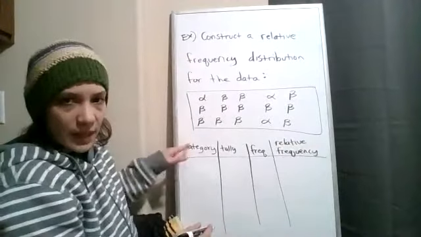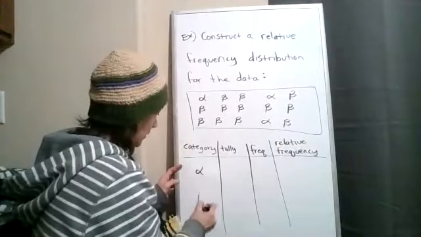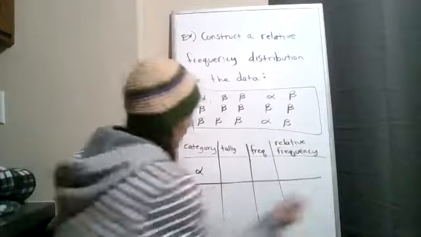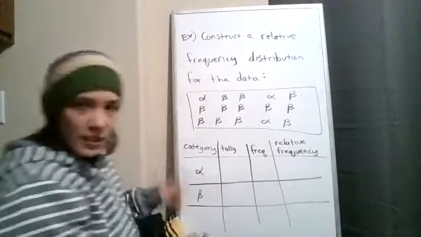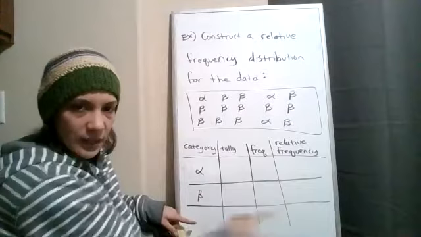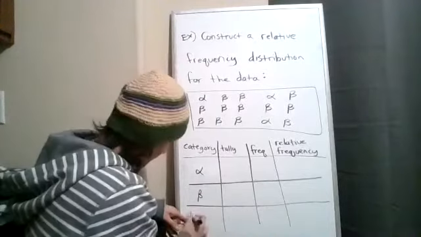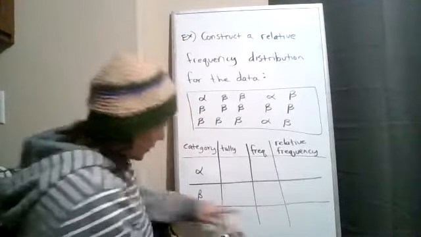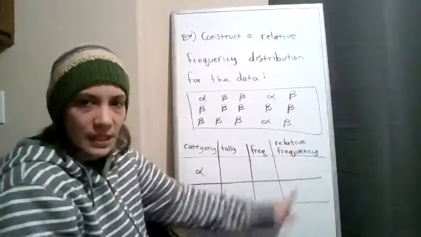We just have alpha and beta as categories. Just to help with the work we need to do, I'm going to put total, so that we'll find the total number of frequencies and use it on the side.